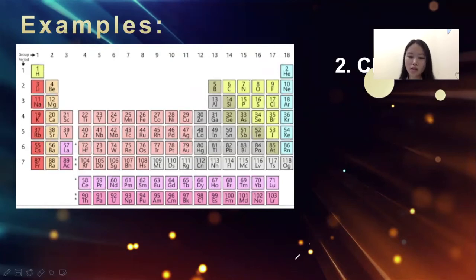And let's make the dots first. 1, 2, 3, 4, 5, 6, and 7. By looking at this, I can tell that chlorine is going to gain 1 because it's easier to gain 1 than to lose 7. And by gaining 1, it gets a negative 1 charge.